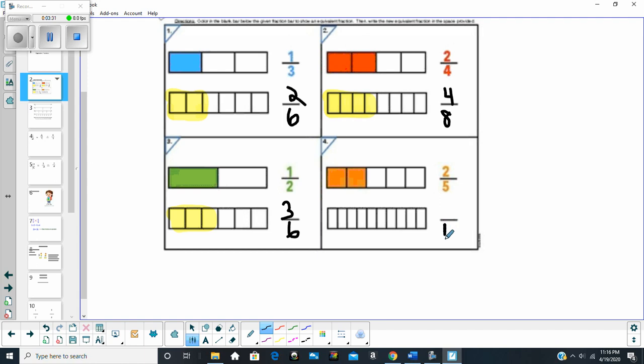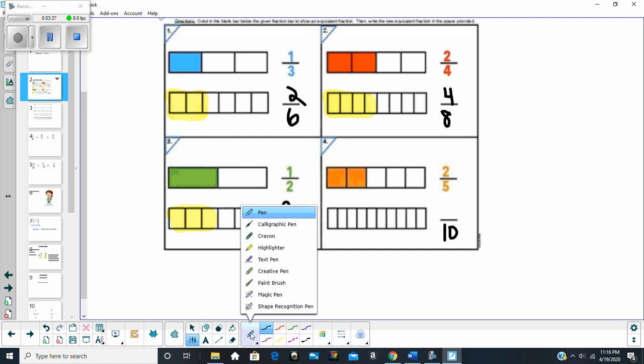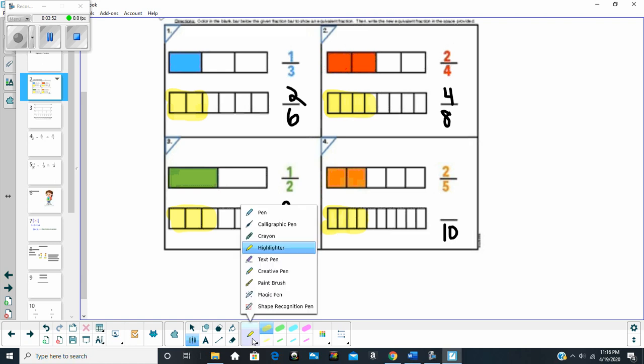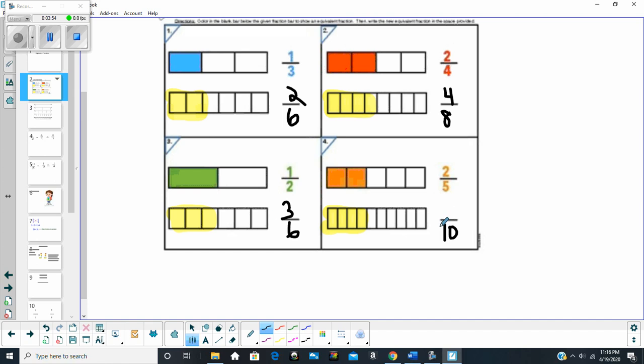So 2/5 is equal to how many tenths? So when we shade in an equal amount, we can see that 2/5 is equal to how many tenths? Good job, you guys. 4 tenths. 2/5 is equal to 4 tenths.